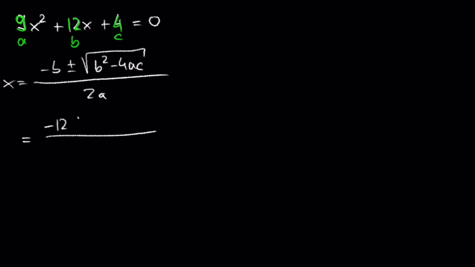Negative 12 plus minus 12 squared is 144 minus 4 times 9 is 36 times 4 is 144 and 2 times 9 is 18.